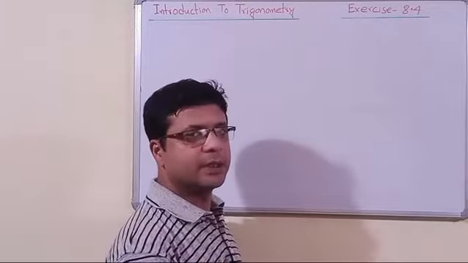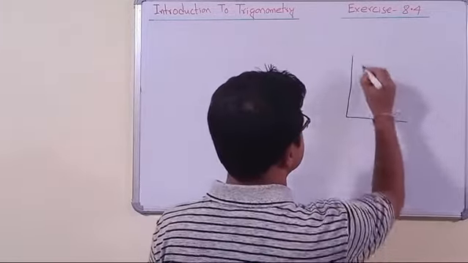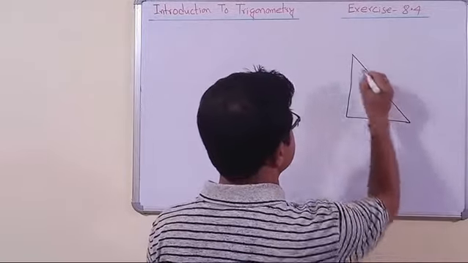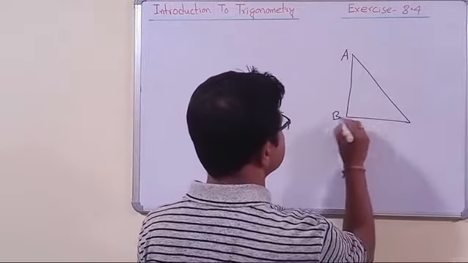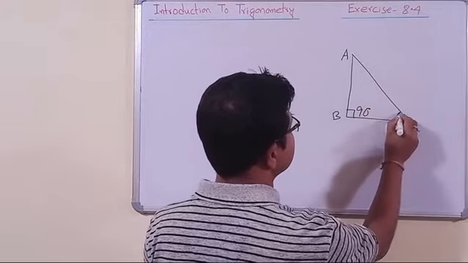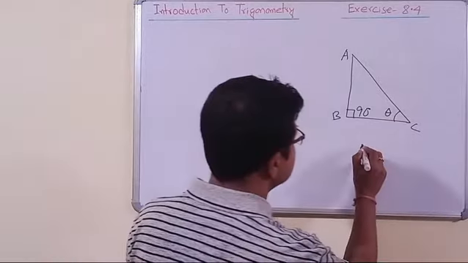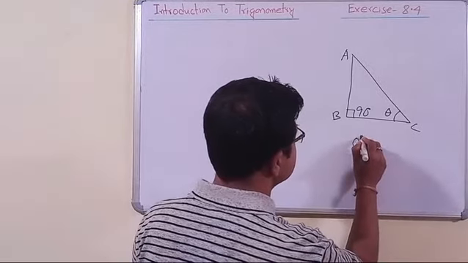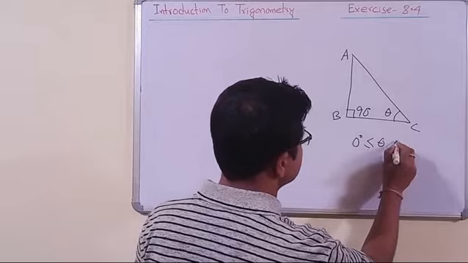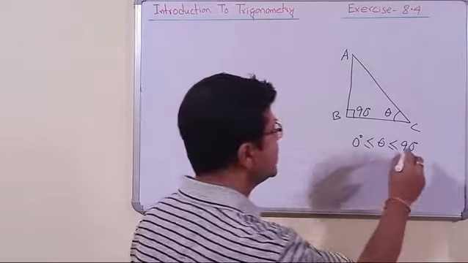Alright, here at first let us consider a right angle triangle. ABC is a right angle triangle where B is 90 degree, and let us consider this angle to be theta. With this condition we are doing everything: 0 degree less than or equal to theta less than or equal to 90 degree. That means theta lies between 0 to 90 degree.